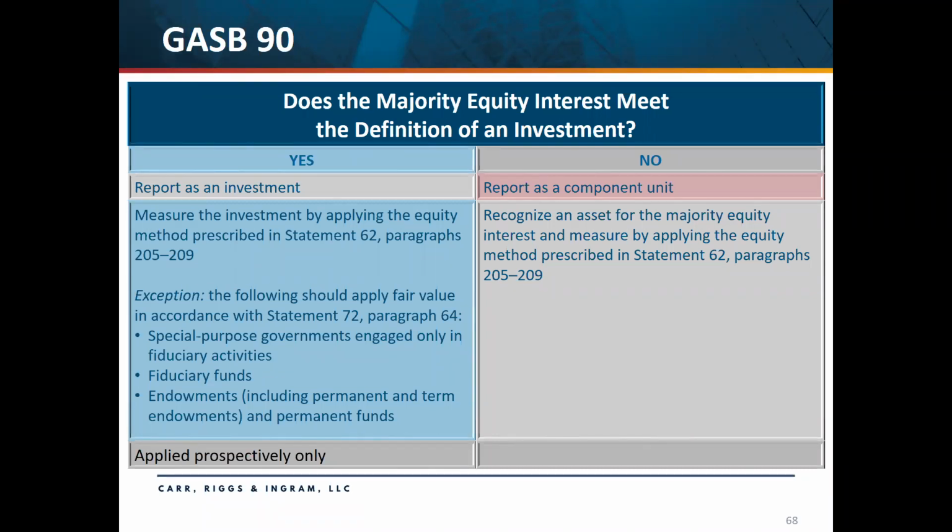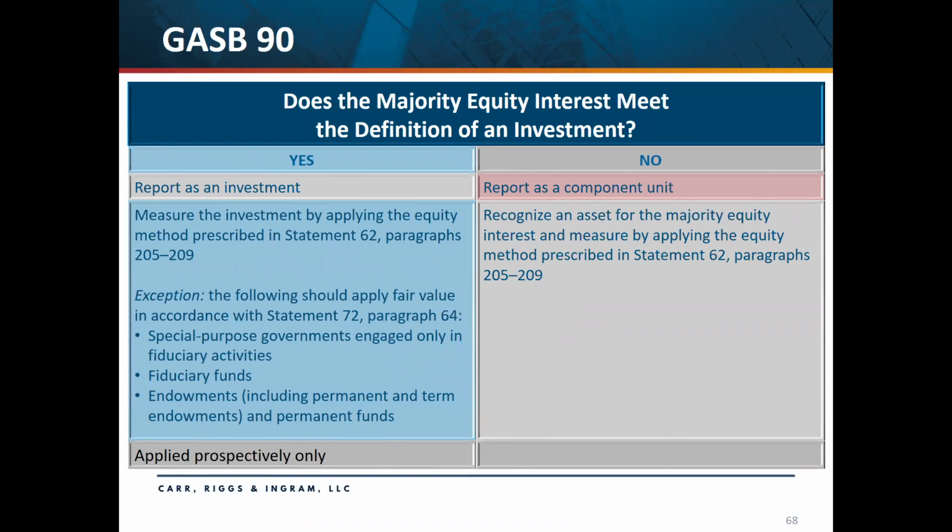So if this meets the definition and we say, yes, it is an investment, then we measure the investment by applying the equity method prescribed in Statement 62, paragraphs 205 to 209. An exception, though, should apply for the fair value in accordance with 72 is special purpose governments engaged only in fiduciary activities, fiduciary funds, and endowments.